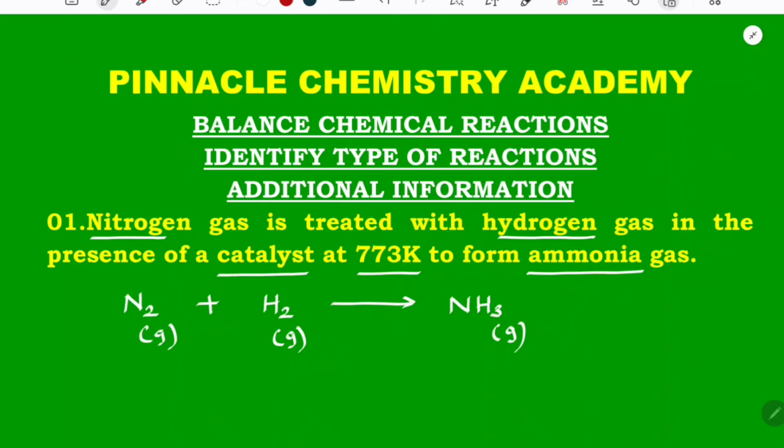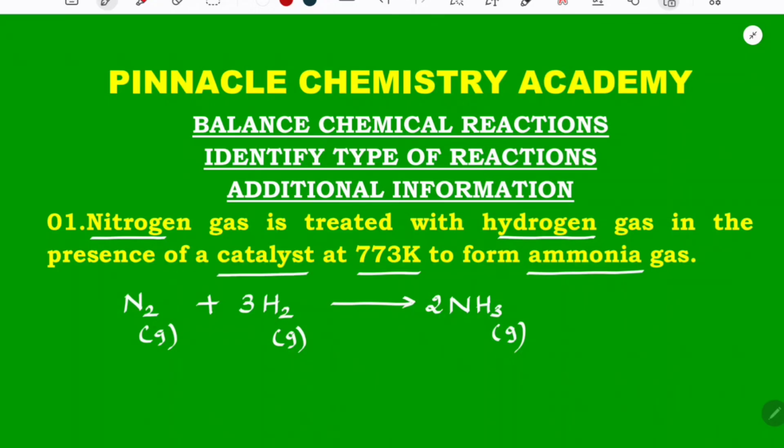Now we can balance this. Here 2 nitrogens, here only 1 nitrogen, we put 2, so nitrogens are balanced. Hydrogens on this side: 3 into 2, 6. Here we put 3. Now the equation is balanced.